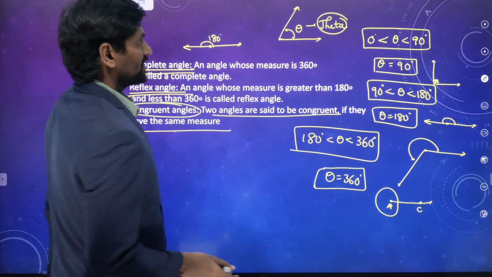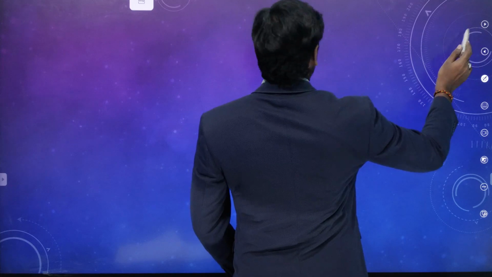So we discussed the undefined terms point, line and plane, and we discussed the dimensions. A point is a no-dimensional object, with no length, no breadth, no thickness. Line segment and ray are one-dimensional objects, with only length. A plane is a two-dimensional object, having length and breadth.